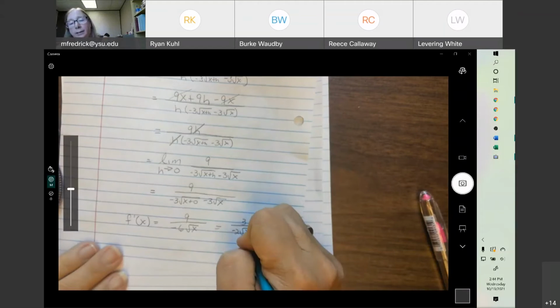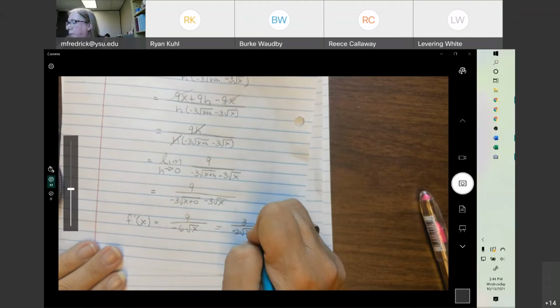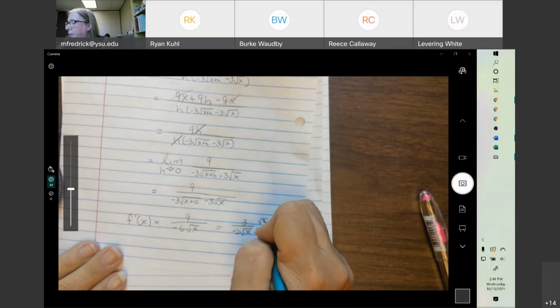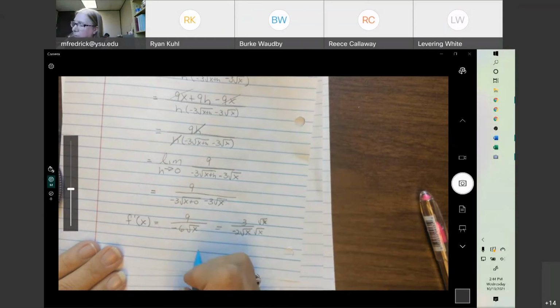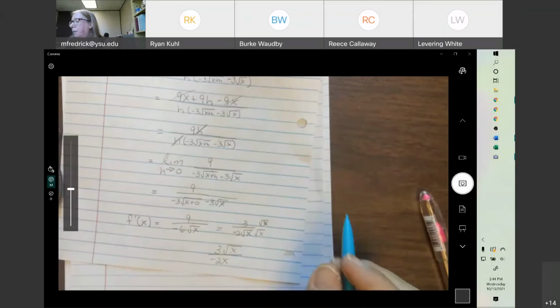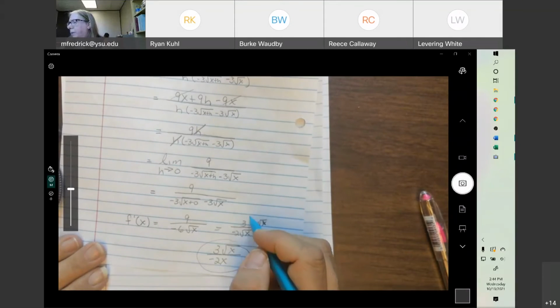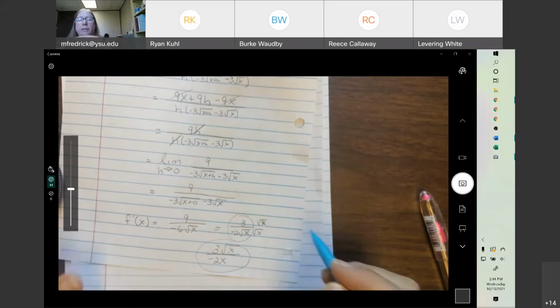To rationalize it, if you remember, you multiply by the same thing, the square root of x over the square root of x. So then on top we have 3 square root of x. On the bottom we have a -2x. Because it's not proper to leave a radical in the denominator, but I would take either one of these answers.